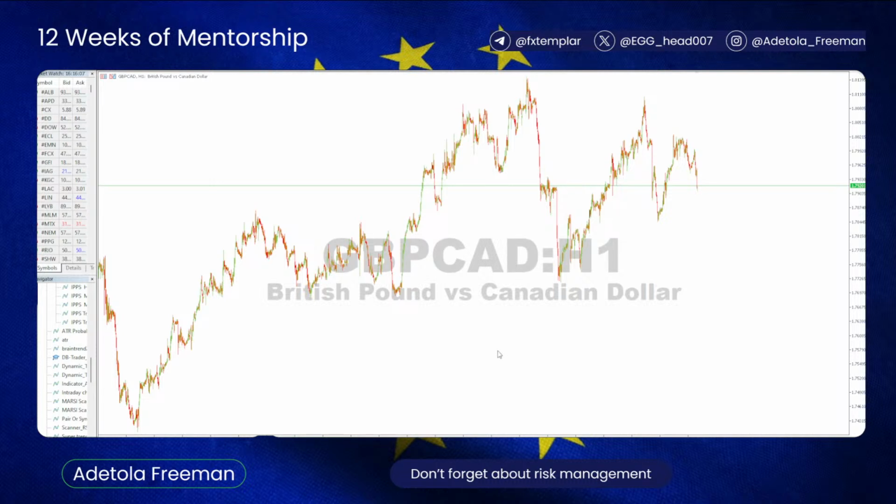But you see that once I install this ATR probability levels, it's going to mark out ranges: S1, S2, S3, R1, R2, R3, where S means support and R means resistance. Now, what does that mean?